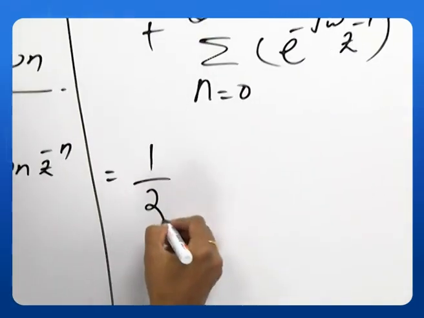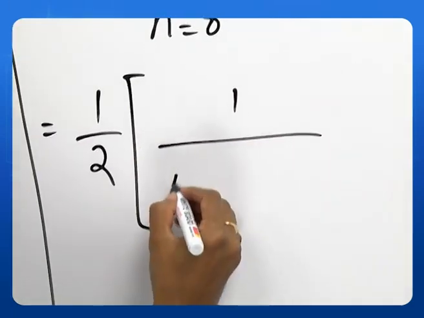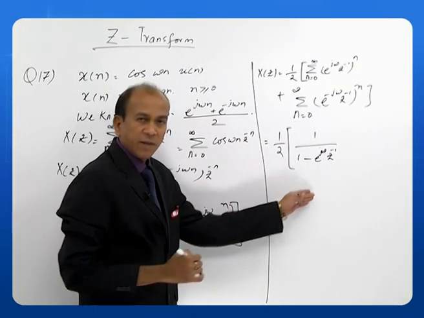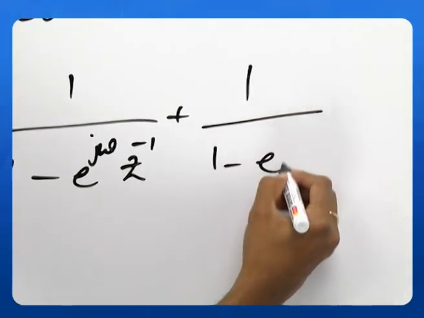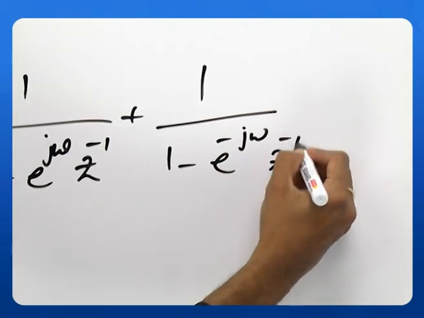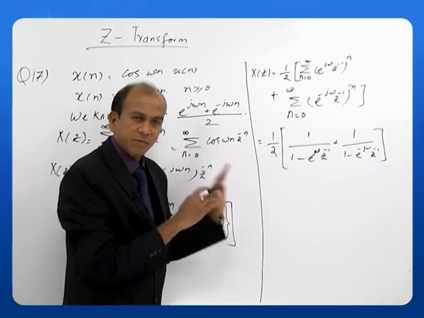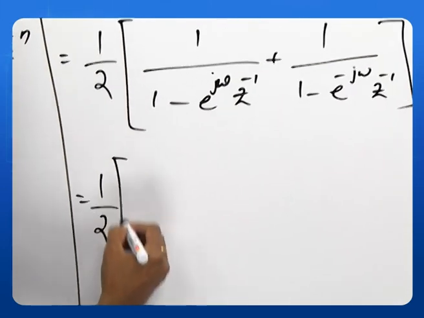So this is half now for us. And how much is this? That will be equal to 1 by 1 minus e to the power of j omega z to the power of minus 1, plus 1 by 1 minus e to the power of minus j omega z to the power of minus 1. Let us take the LCM and find out. Let us retain half here.